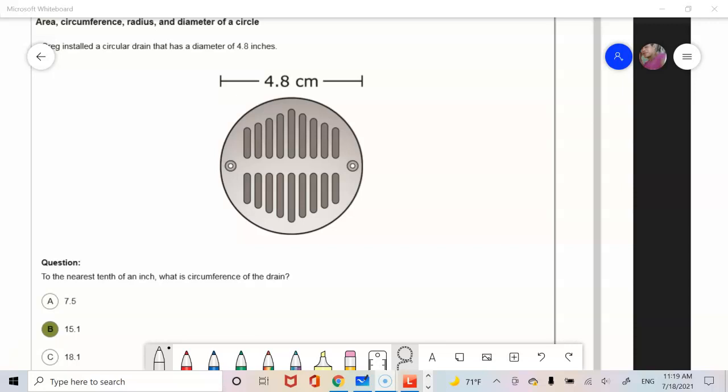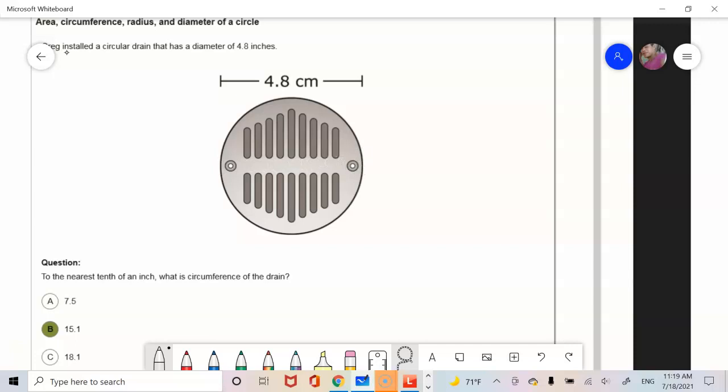So now in this exam, as you can see here, I'm going to read it. Okay, so it says Greg installed a circular drain that has a diameter of 4.8 inches. And you see the drawing here, you have the drain, okay? And the 4.8 inches goes from one extreme of the outline to the other extreme.